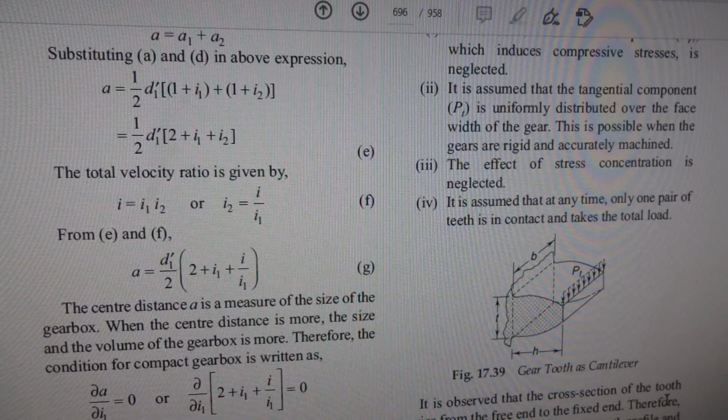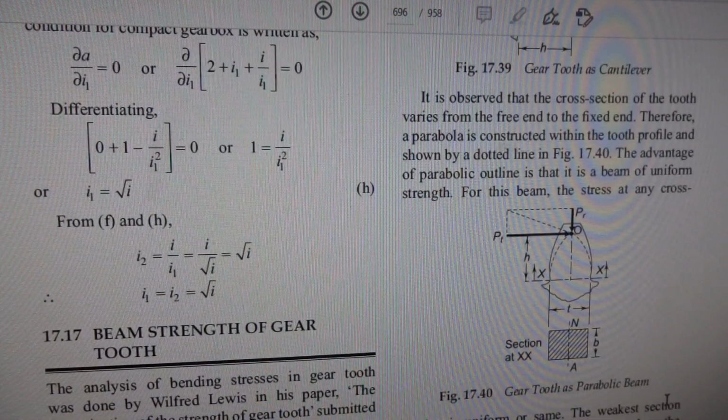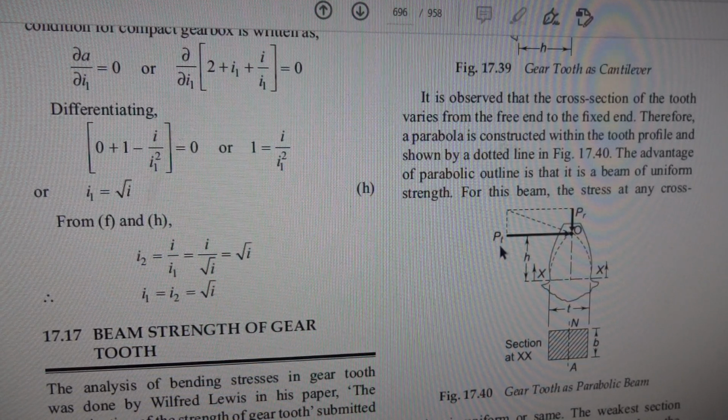Now from this other diagram, this is PT, and this is the one tooth of the gear. PT is the force in the tangential direction, H is the height, and PR is the radial component. So PT produces a bending moment. What is the moment?